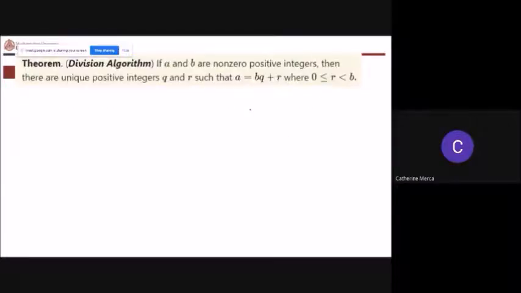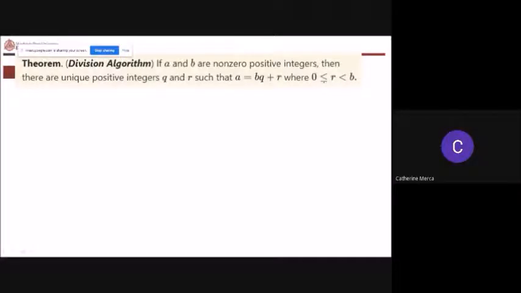What is your division algorithm? The division algorithm theorem says that if a and b are non-zero positive integers, then there are unique positive integers q and r such that a can be expressed as bq plus r, where r is the remainder, which is greater than or equal to 0.